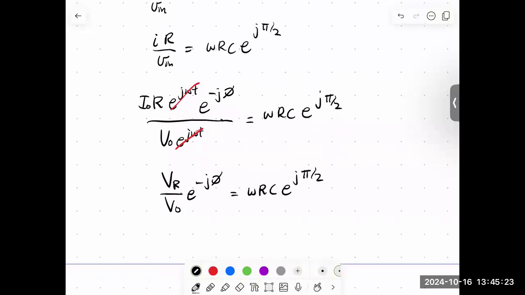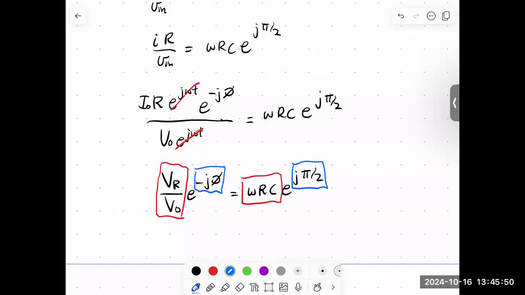And the only way the left and right hand sides could be equal is if the coefficients multiplying the exponentials are equal and the arguments of the exponentials are equal. And so VR over V naught is omega RC. That's already what we have in our drawing.